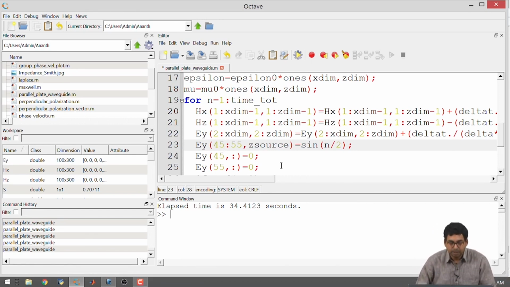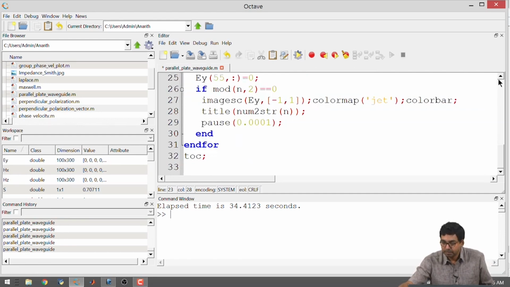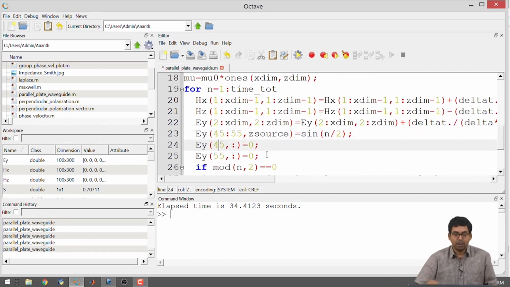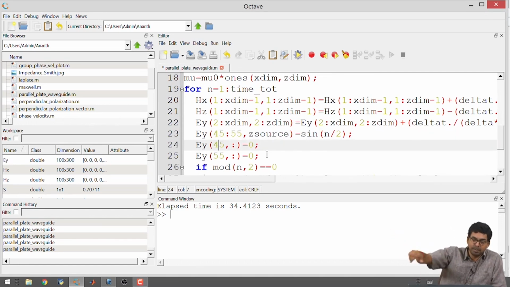Now, I want to insert 2 plates. So, originally I had EY at location 45 for all positions in the other axis to be equal to 0, right. Now, I want it to go only till the middle, let us say, right.